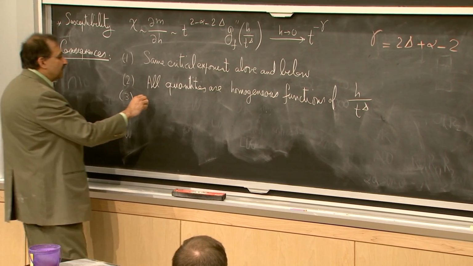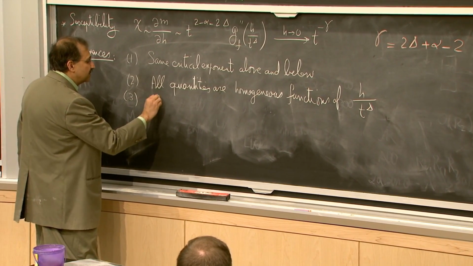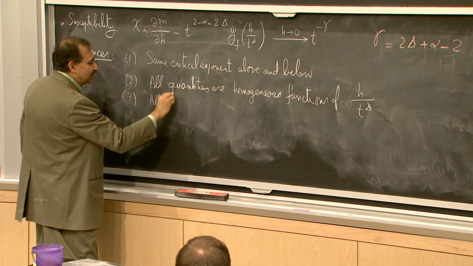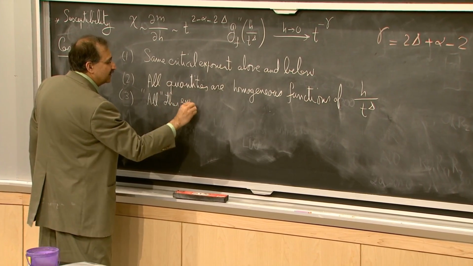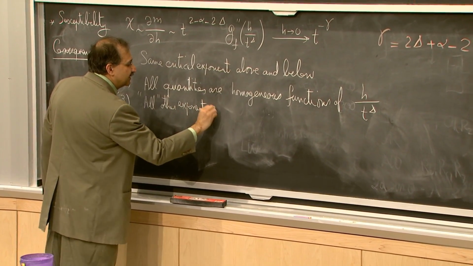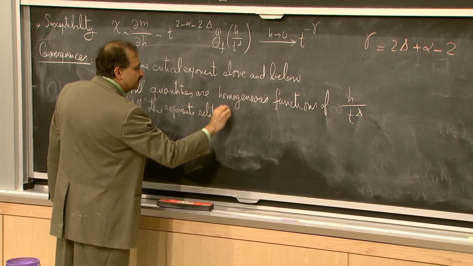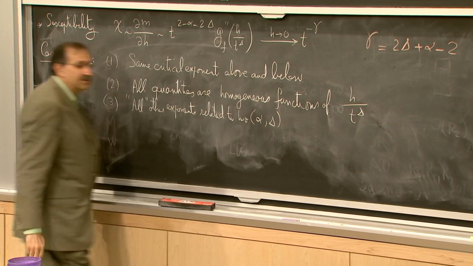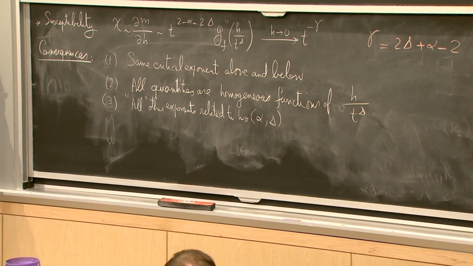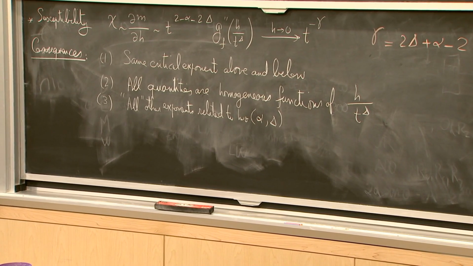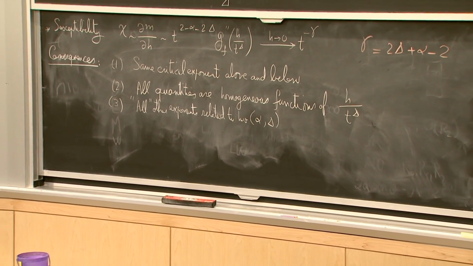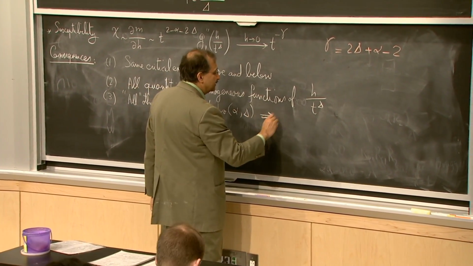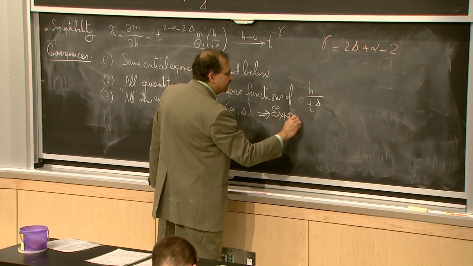So almost all other exponents are related to two, in this case alpha and delta, which means that if you have a number of different exponents that all depend on two, there should be some exponent identities.